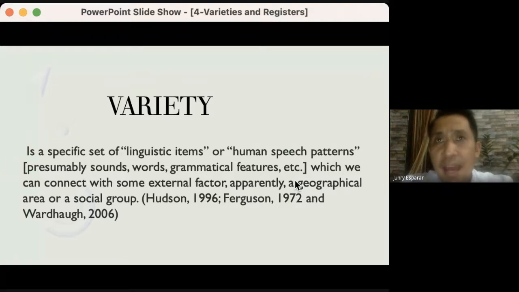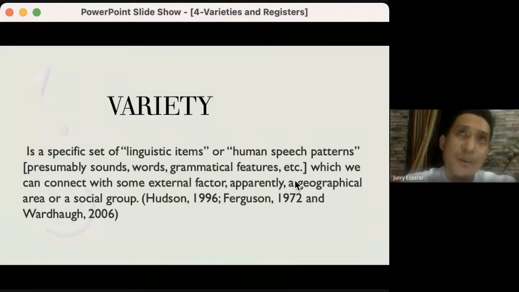So it means to say that we are using English. We understand that English is an international language and it's spoken by a lot of people. I think there are more second language users of English than there are first language users of English. That's a fact. And interestingly, in the Philippines, we are considered to be the third largest English-speaking country in the world, apart from those in the countries where English is spoken as their first language.